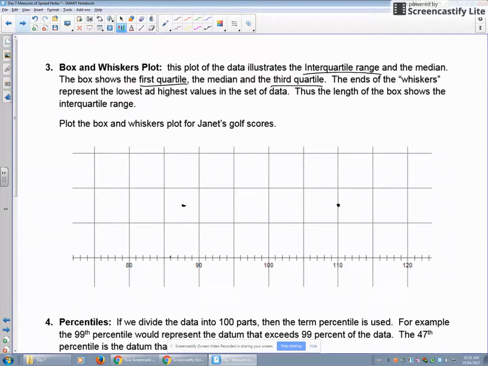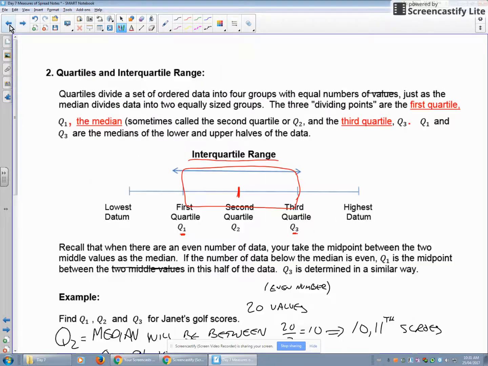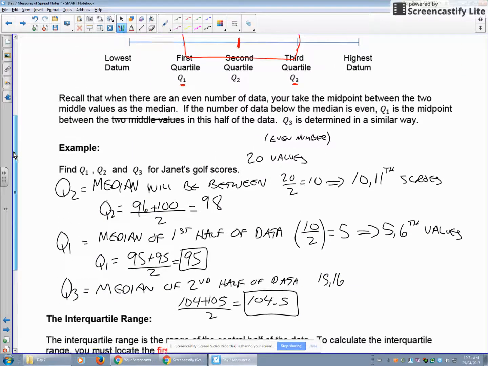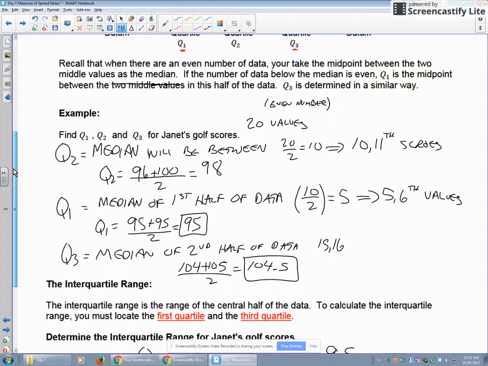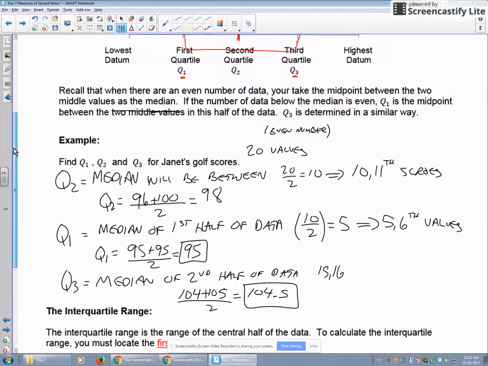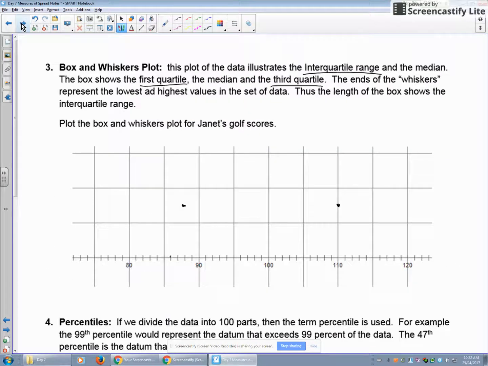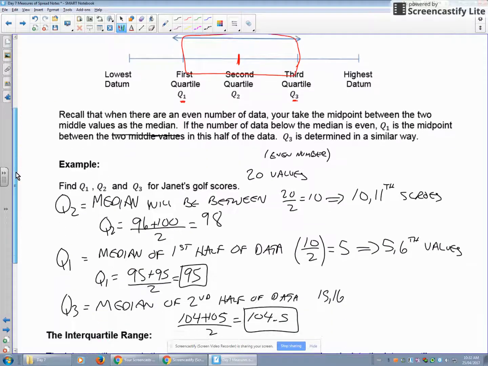Then I also need to plot my quartile 1, which had a value of 95, and Q3 had 104.5. So 95 and 104.5. And then finally, we also want to know what the median value was, which is quartile 2.